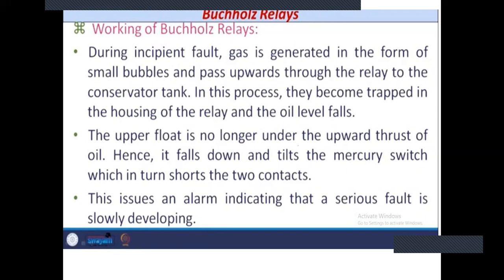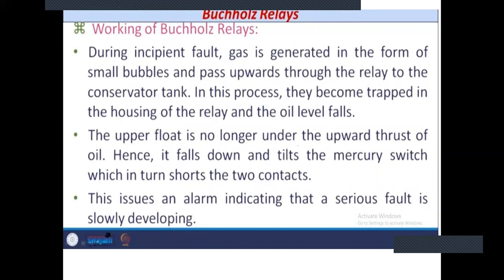During the incipient fault, gas is generated in the form of small bubbles, and they pass upward to the relay, and whenever they become trapped in the housing of the relay, the level of the oil falls.